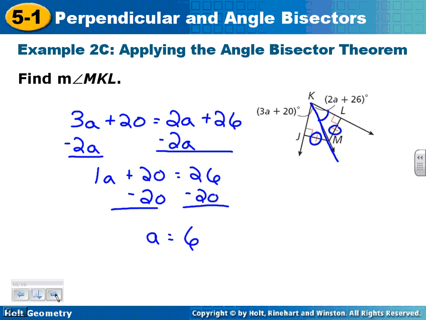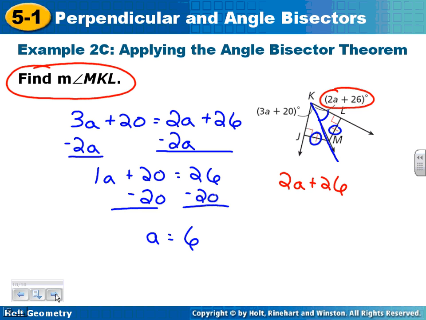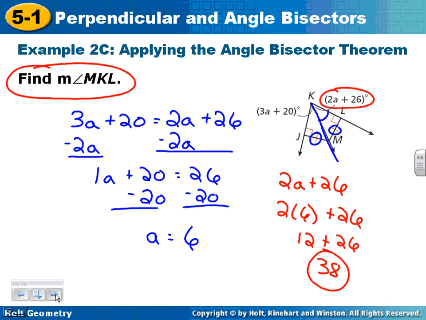I need to find the measure of MKL. So MKL is this 2a plus 26. So I need to take this 2a plus 26 and plug my 6 into it. So 2 times 6 plus 26, or 12 plus 26 is 38. And that would be the measure of that angle.